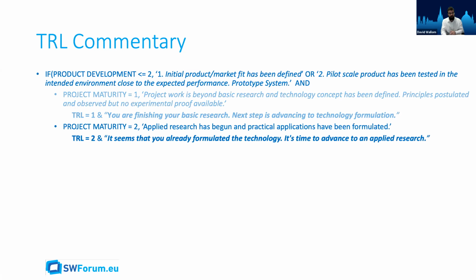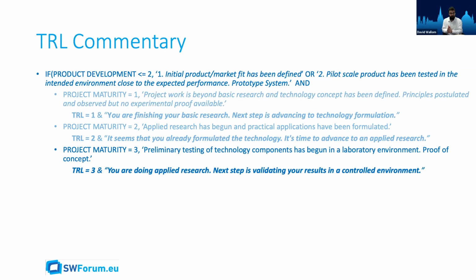If project maturity is 2, well, your TRL is level 2, and you've formulated your technology. Let's try and advance this to applied research. Let's put this into a context of how it might be useful as a product or service to someone.